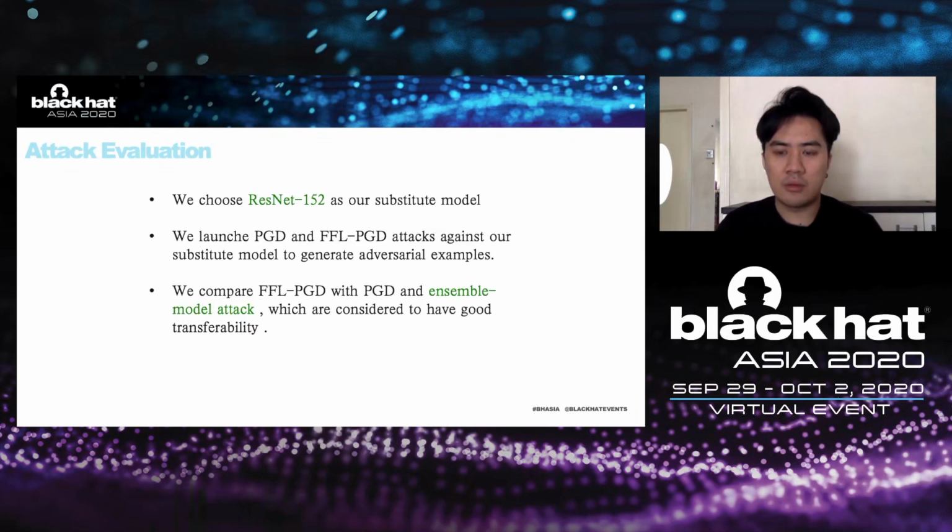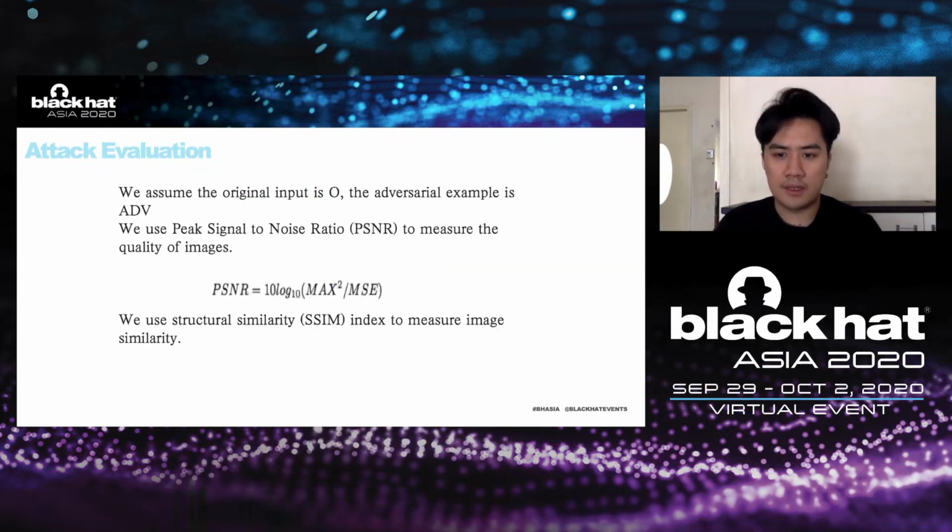We use the traditional PGD and the FFL-PGD method to generate adversarial examples, and compare them to find which one has better transferability. In addition to comparing transferability, we should also pay attention to the gap between them. We need to measure the degree of distortion of adversarial examples.